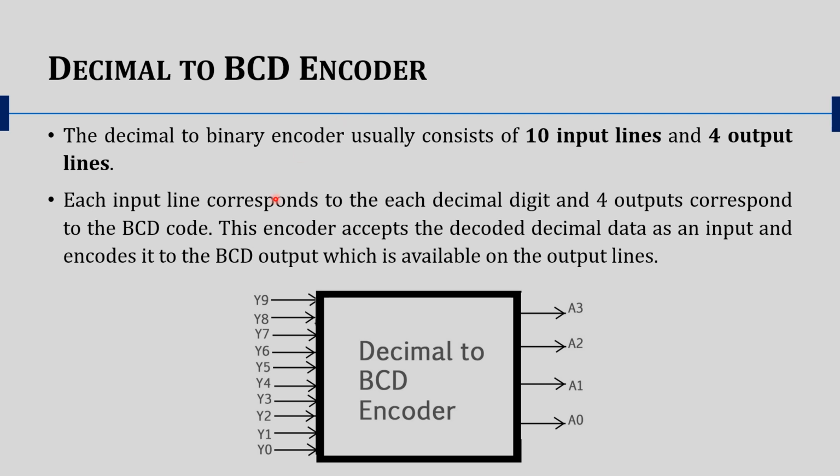Here each input line corresponds to a decimal digit and the 4 outputs correspond to the BCD code. So this encoder accepts the decoded decimal data as an input and generates the BCD number. So we give the decimal number as the input, and it generates the BCD number as the output. So from one code it is converted to another format.